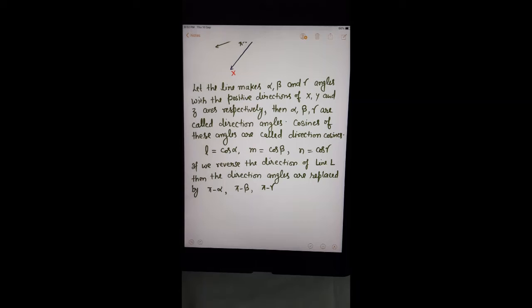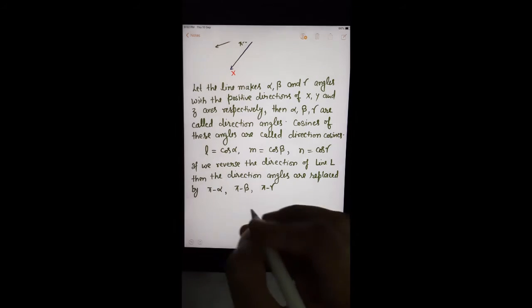So the sign of direction cosines are reversed.